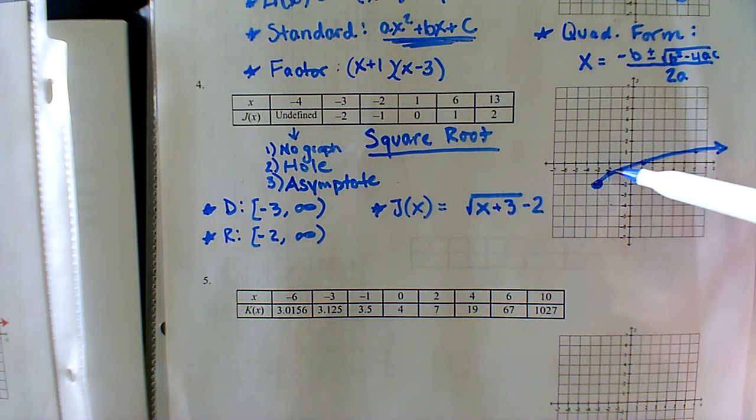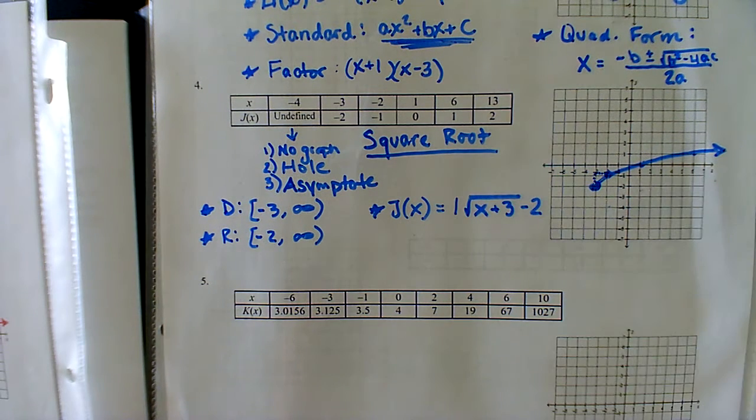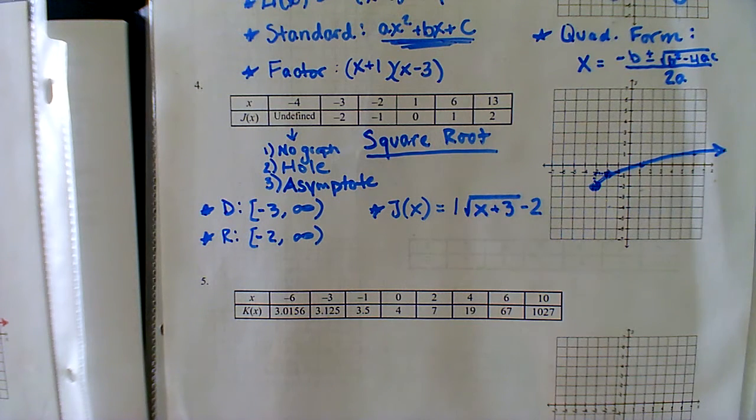Okay, to figure out that number, we look at the initial slope between the first 2 points. What's that rise over run? Up 1 over 1, right? So it's just a slope of 1. You don't have to write the 1 there if you don't want to. But realize if it was different, you would have to write that number. That's representing your vertical stretch or shrink.